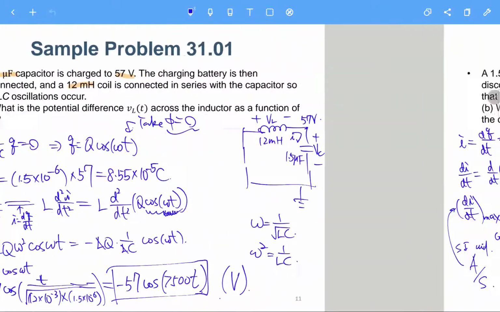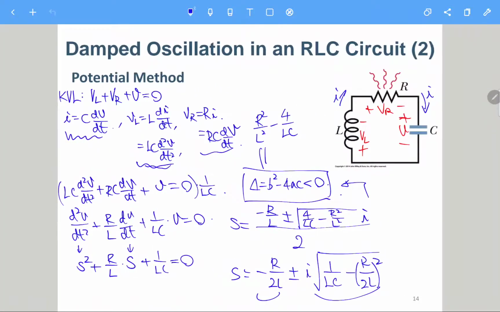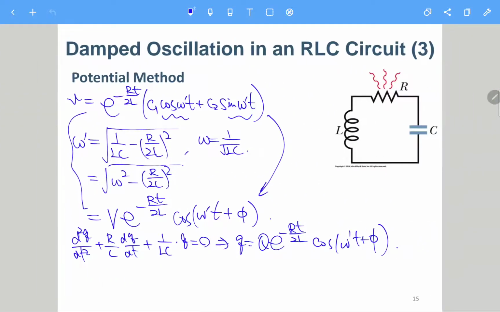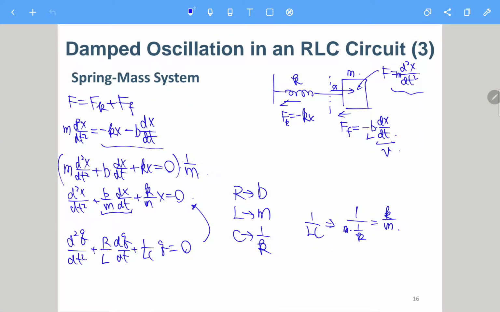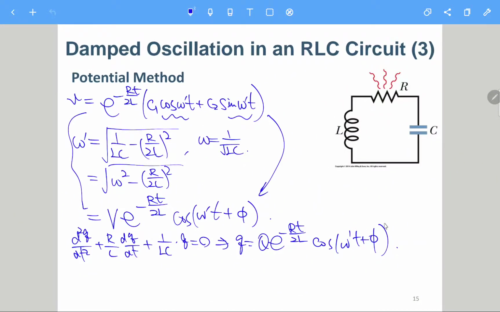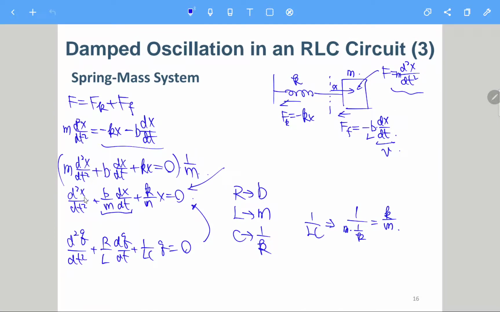But here we also have R to be B. And of course, as much as we have this solution, we can also get the solution of this second order ODE.